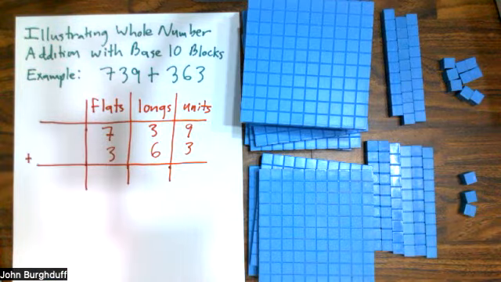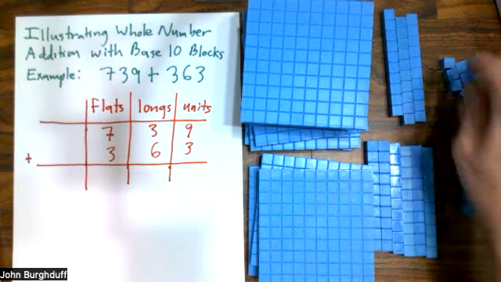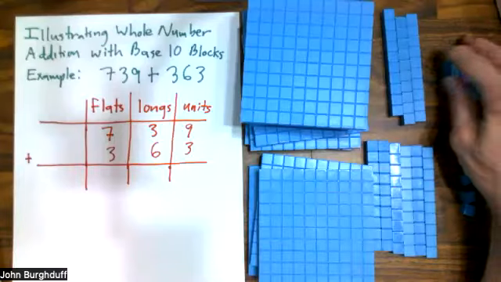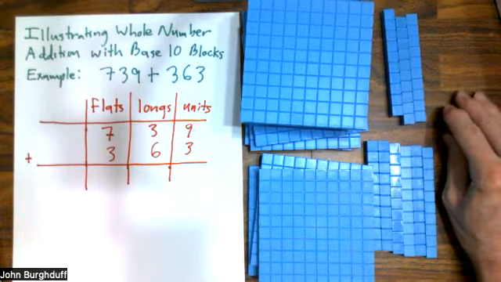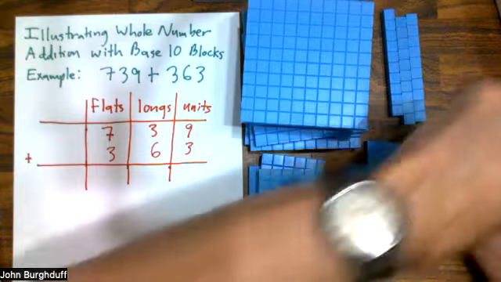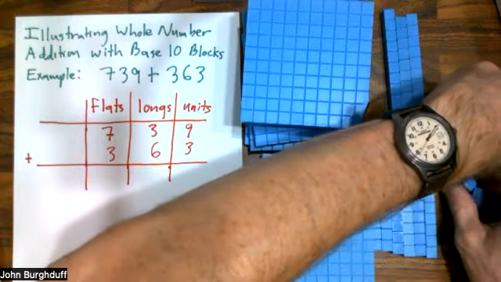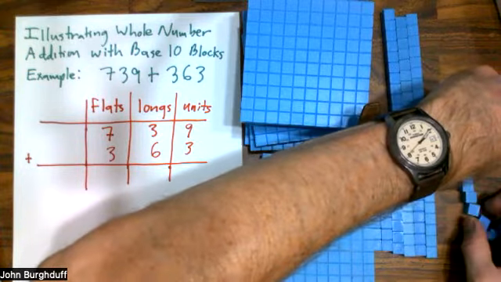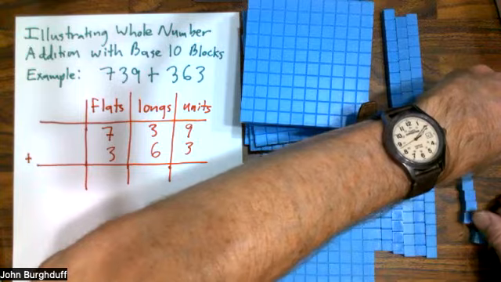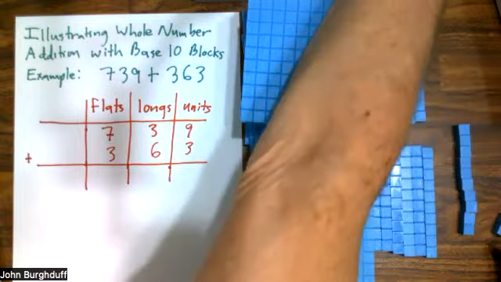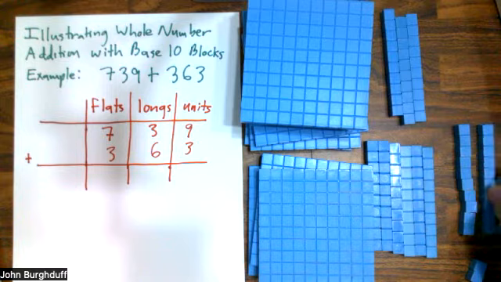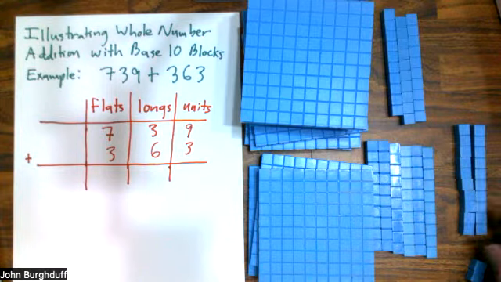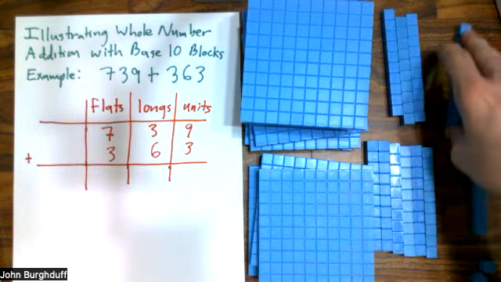So let's do that and make whatever exchanges or trades that we can. So I take my 9 units and put them with my 3 units, and now I've got 12 units. So lining these up, it should be the case that I should be able to trade out 10 of them. I believe that's 10, but we can know that by lining that up with a long and observing, yes, that creates a long.